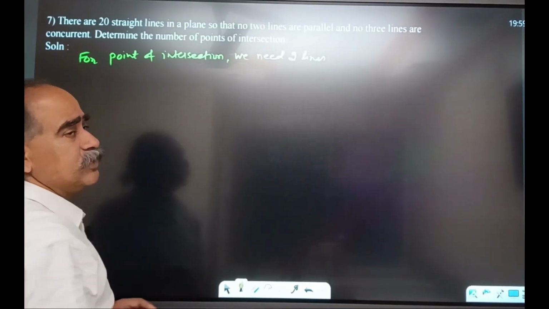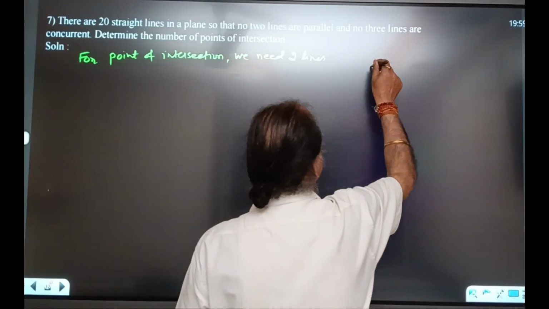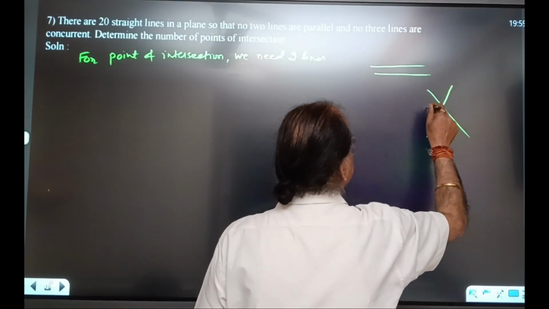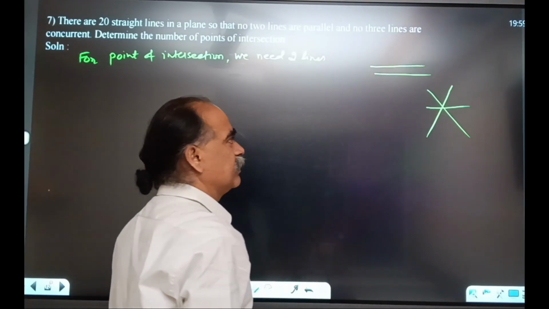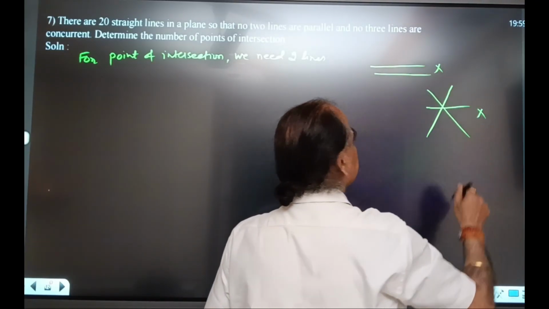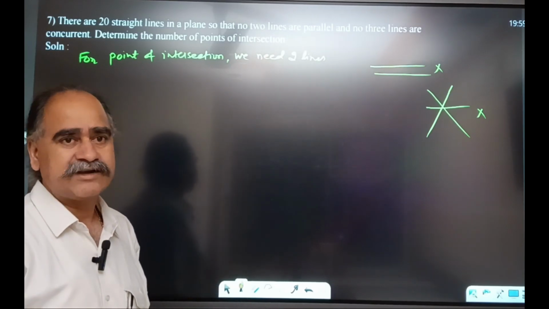No two lines are parallel, that means every line is intersecting. And no three lines are concurrent, that means they are not intersecting at one point. So these two cases are gone. That means every line intersects each other at one point.